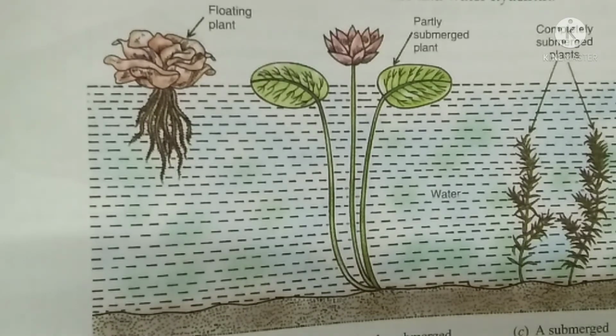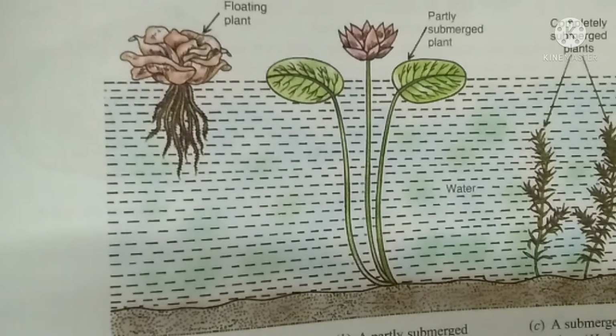The first one is a water lettuce, I told you, because it is not fixed to the ground, it is just floating. That type of plants which float are called floating plants. And the other ones are not floating and they are not completely submerged also.